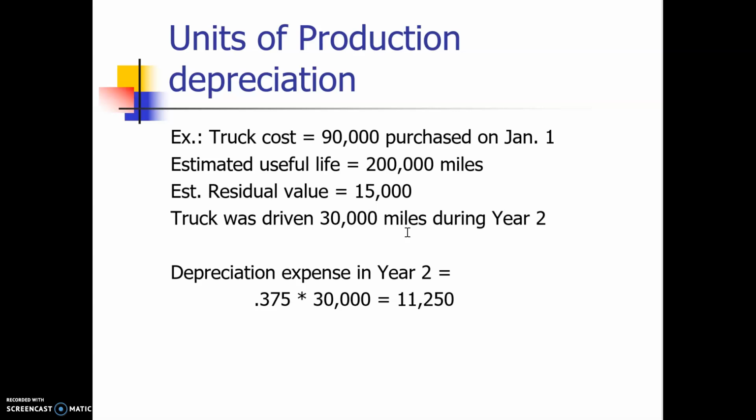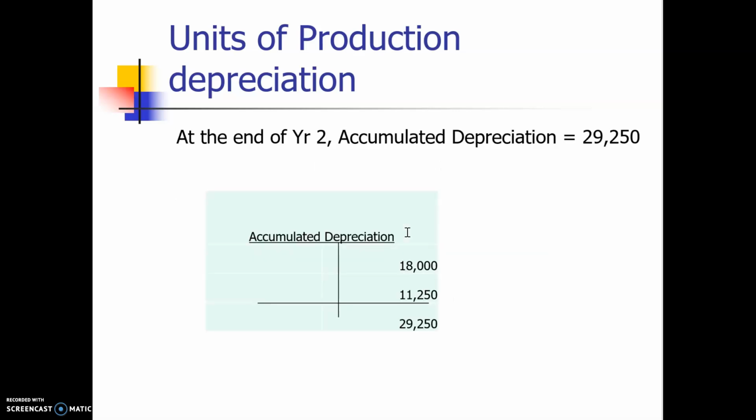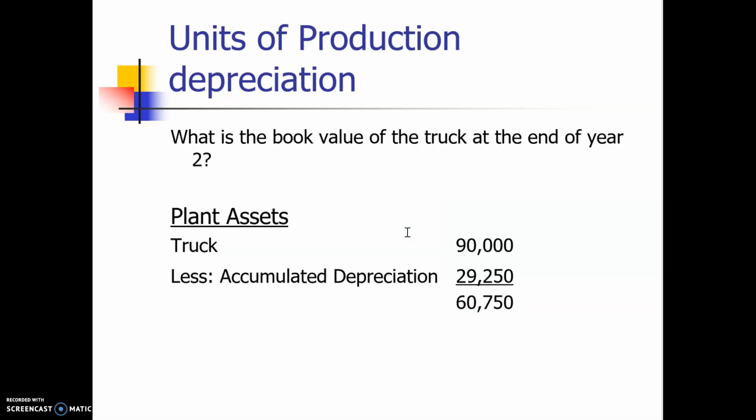We credit accumulated depreciation, 11,250, and when that credit gets posted, accumulated depreciation has a balance of 29,250. So our book value is the 90,000 cost minus the 29,250. Our book value at the end of year 2 is 60,750.